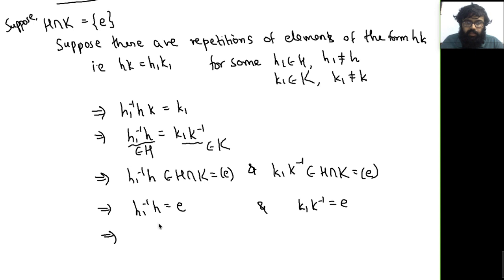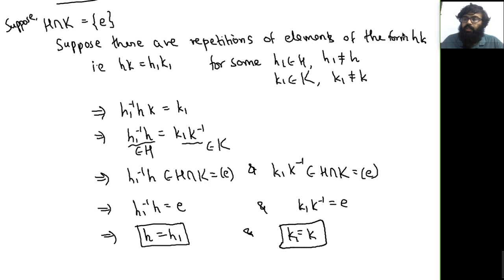But this gives us, if I multiply by h1 on both sides, then h equals h1, and k1 equals k, if I multiply by k on the right side on both sides. But then this is a contradiction, because we have assumed h1 is not equal to h, k1 is not equal to k.